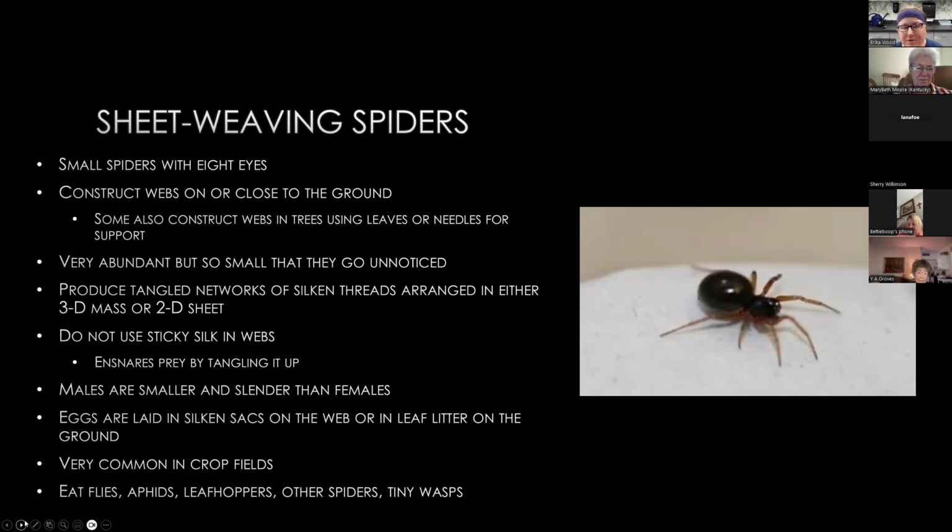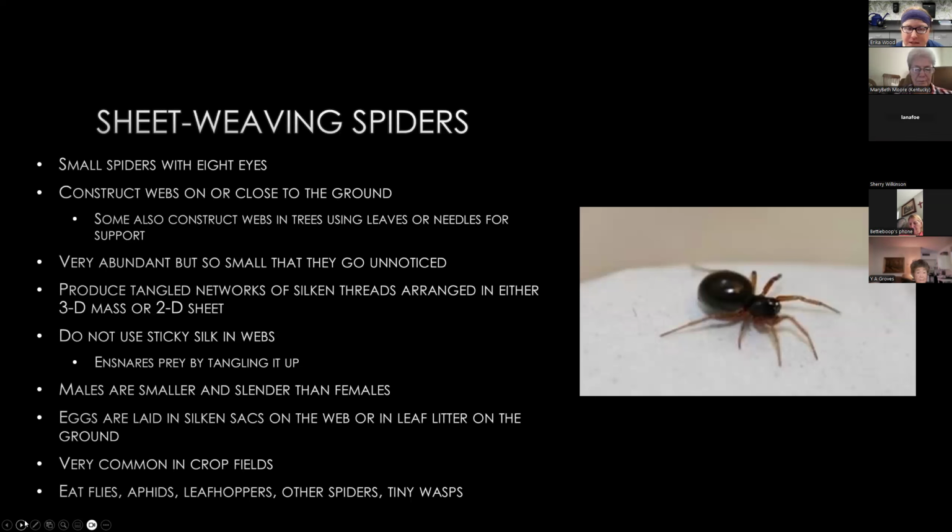They may construct these webs in trees using leaves or even needles to help support the web. They're very abundant, but because they're so small, they go pretty well unnoticed. Their webs are tangled networks of threads, and depending on the type of sheet weaving spider, it might be more of a mass or almost like a 2D sheet, like a paper sheet, if you will.